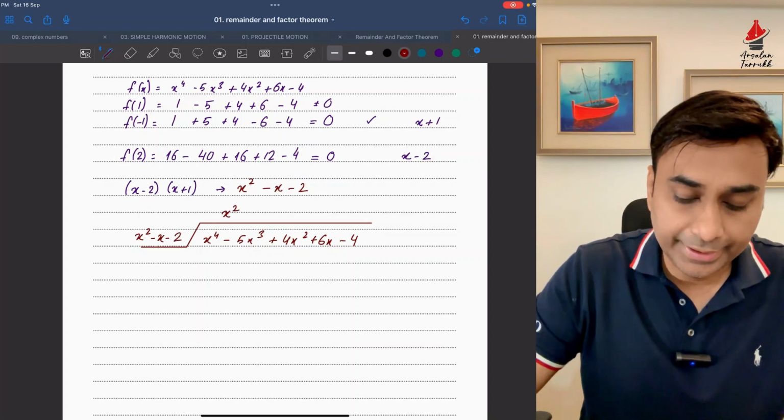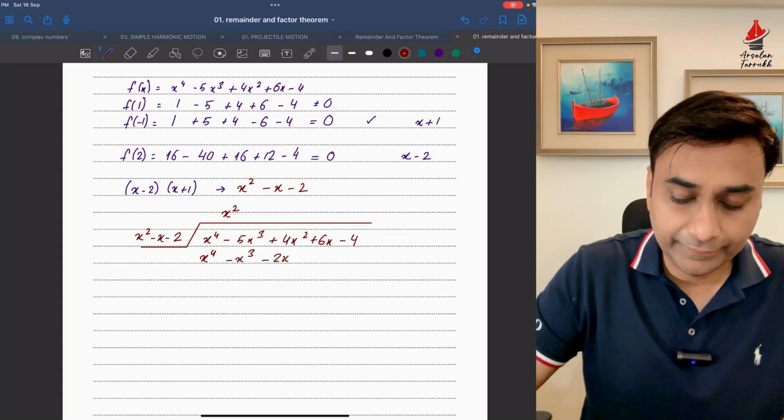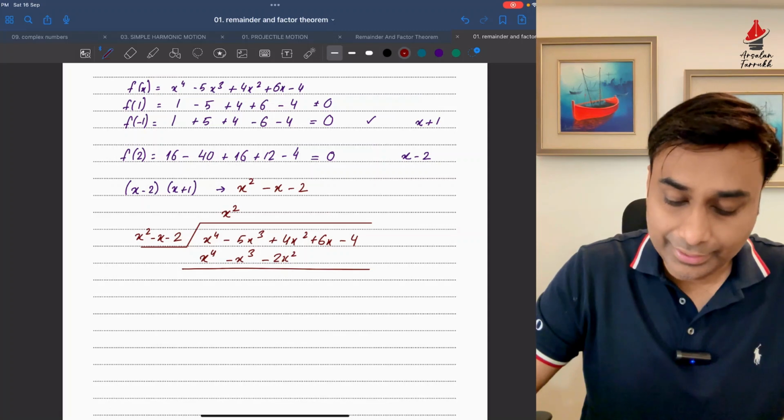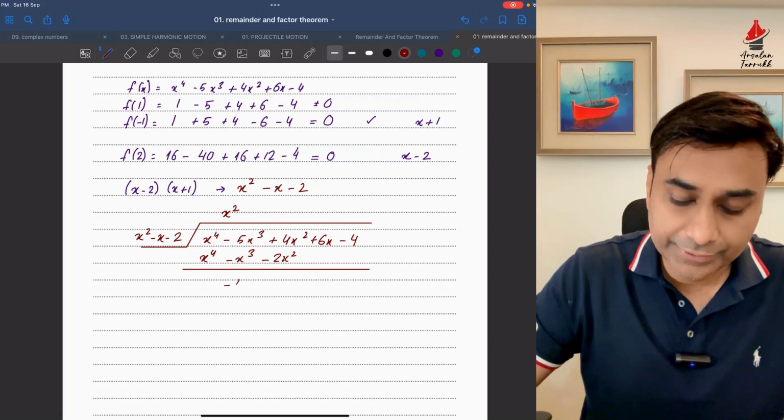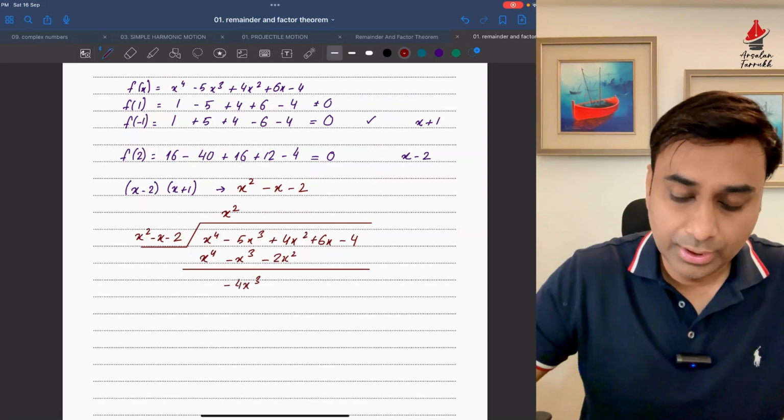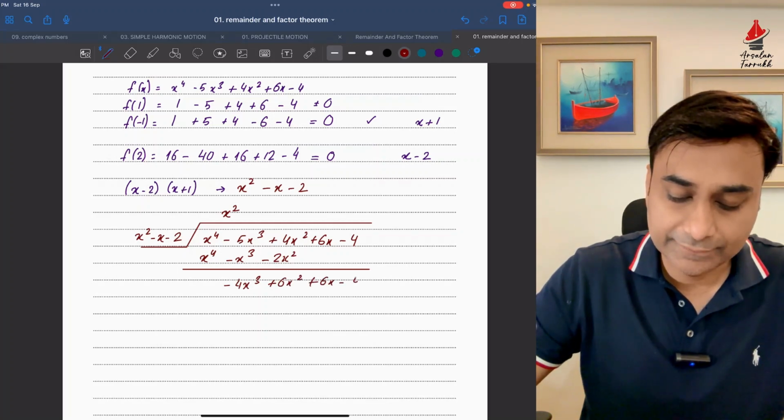I multiply it with x squared, I'll get x^4 minus x cubed minus 2x squared. I subtract these, I'm going to get minus 4x cubed plus 6x squared plus 6x minus 4.